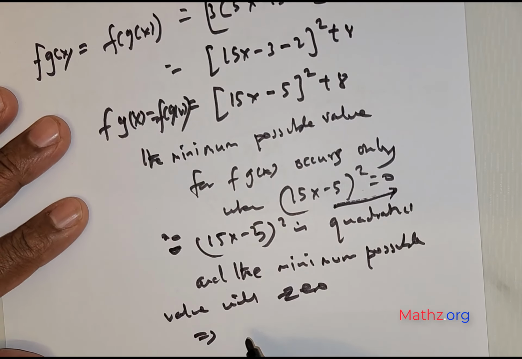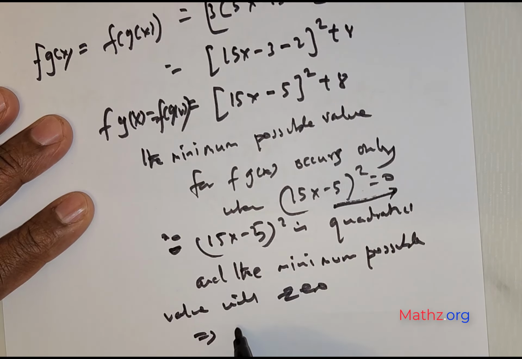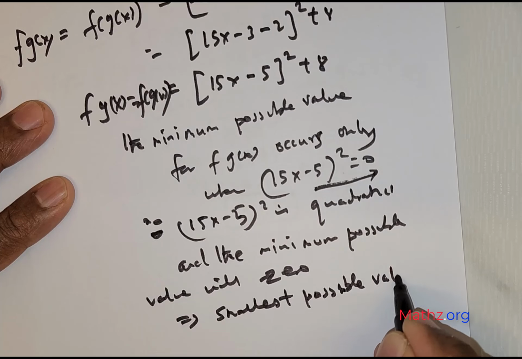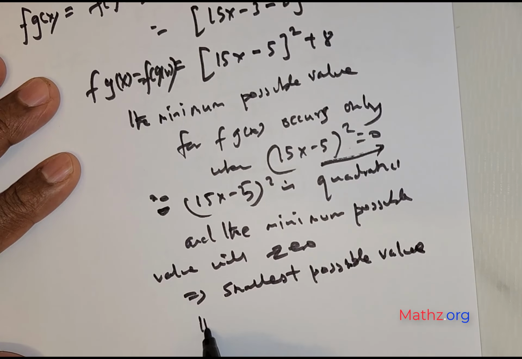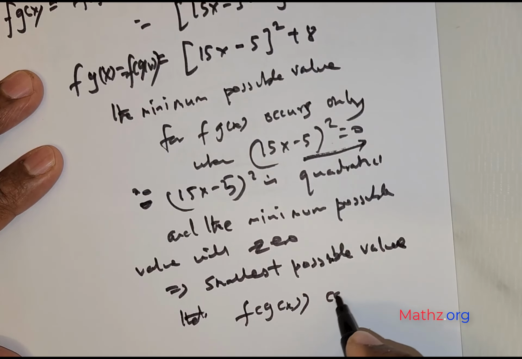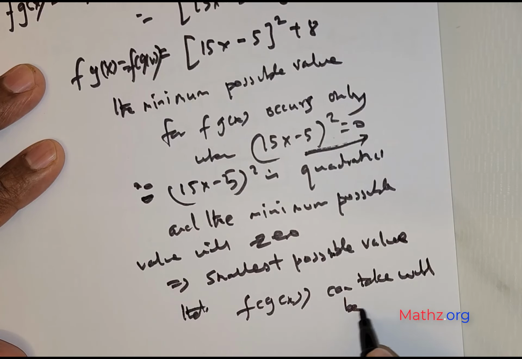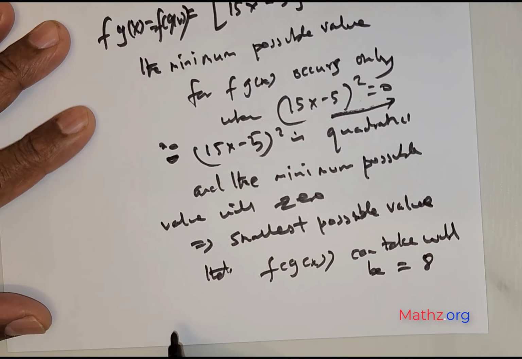So this in turn would mean the smallest possible value that f of g of x can take will be equal to 8.